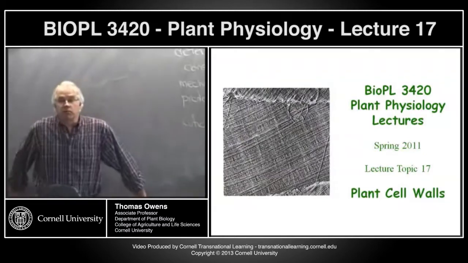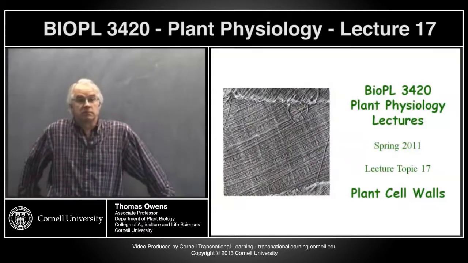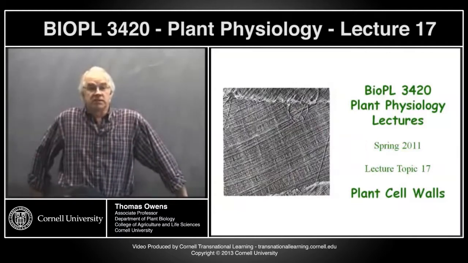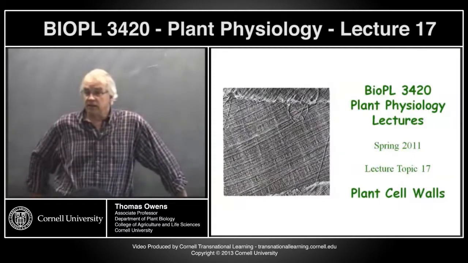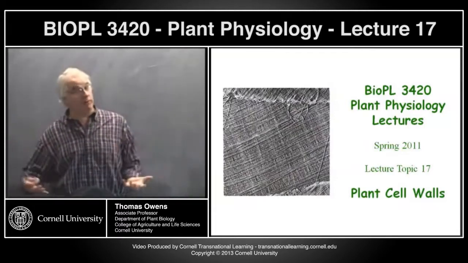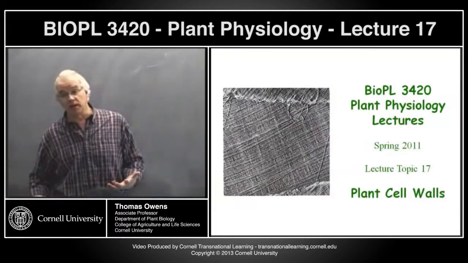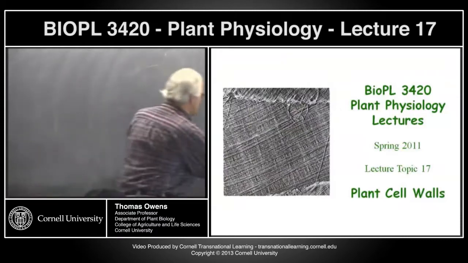We're missing one other important thing in terms of, let's say, transport. What role does the plant cell wall play in transport? Say that again? Yeah, apoplast. So the fact that the cell wall is very porous and very hydrophilic means that it plays an important role in apoplastic transport.